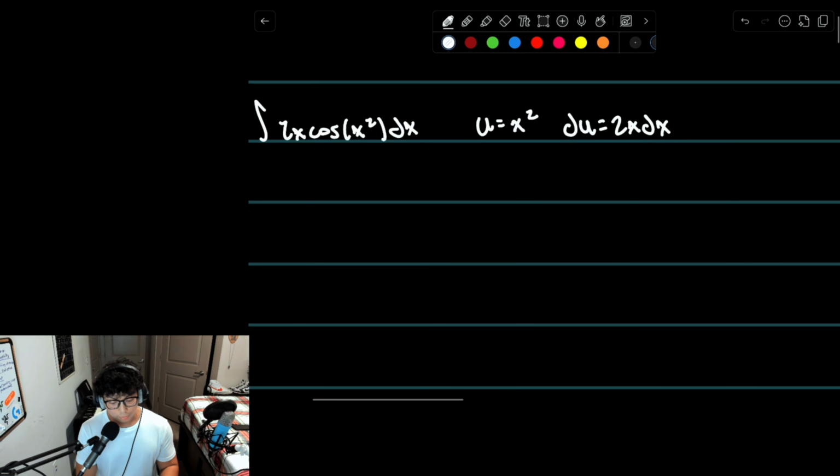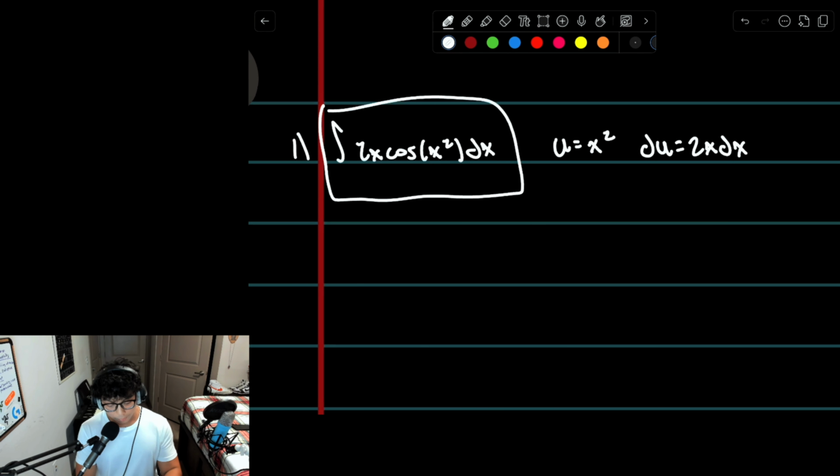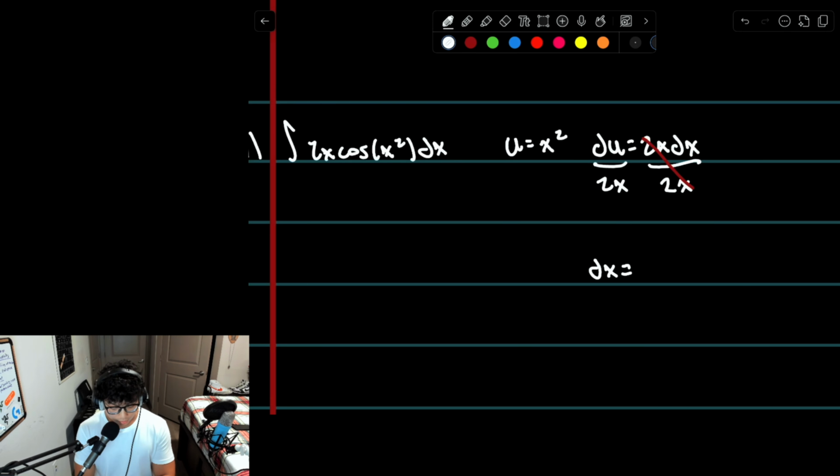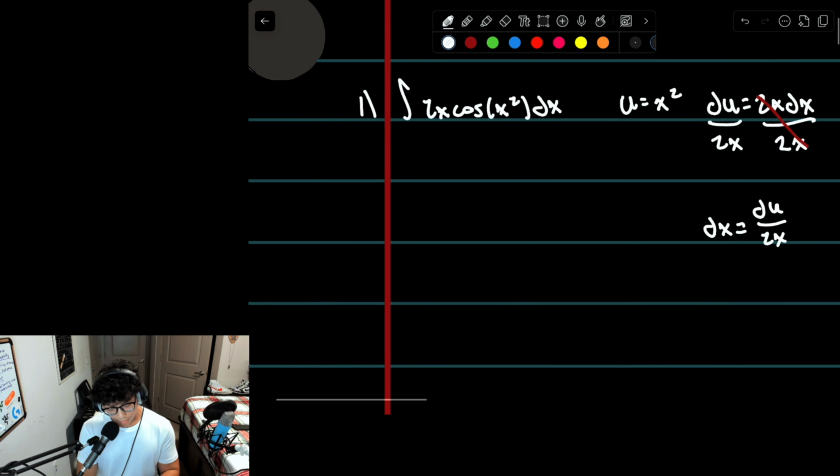And then we want to solve for dx to make this entire thing in terms of u, because so far it's in terms of x. So to do that, all you do is divide both sides by 2x. You notice that this cancels out, and we're left with dx equals du over 2x. Great.